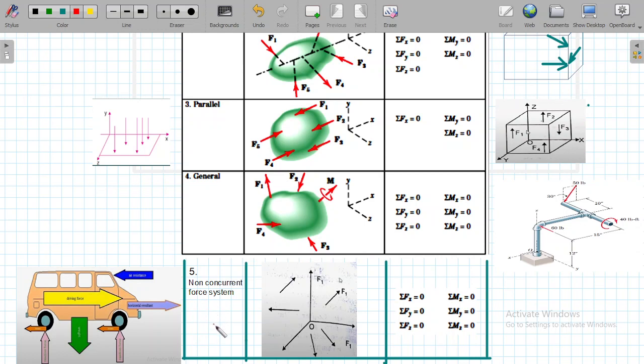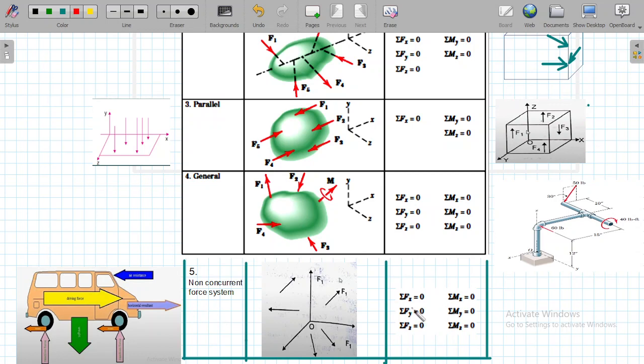If you look at it, it is some generic body whose origin is O. All these forces are lying in space, because you can see forces lying in different planes: the xy plane, yz plane, xz plane. So this is an example of a non-coplanar, non-concurrent force system.